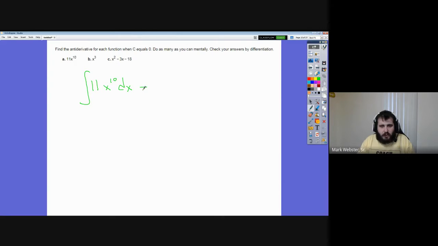And so once again, we're going to use that power rule: raise the exponent by 1, and then divide by the new exponent, right?